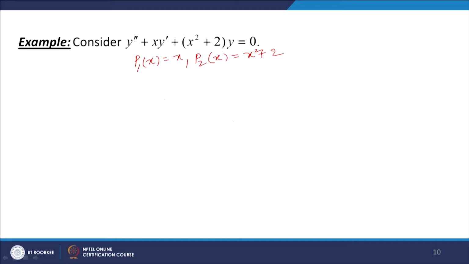So, both are analytic functions. Their Taylor series converges for all values of x, that is the radius of convergence is infinite. So, they are analytic functions. So, every x belonging to R is an ordinary point of the given differential equation. Let us find the solution of this differential equation about x equal to 0.